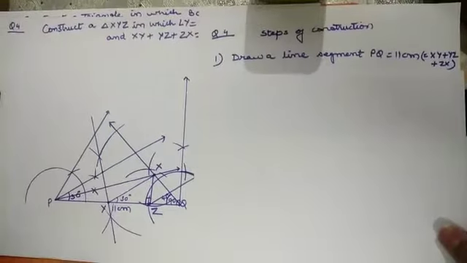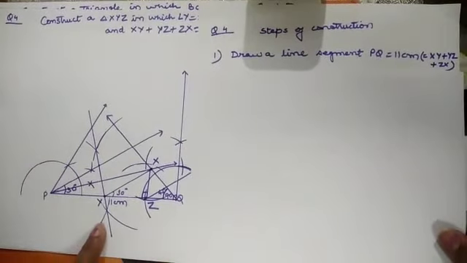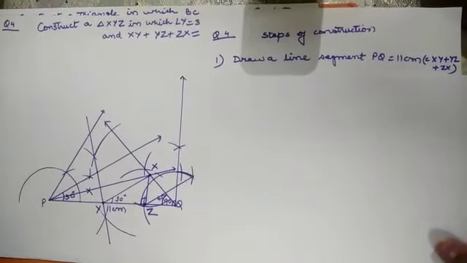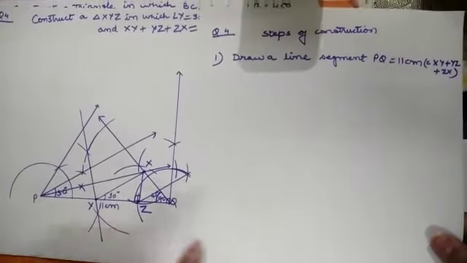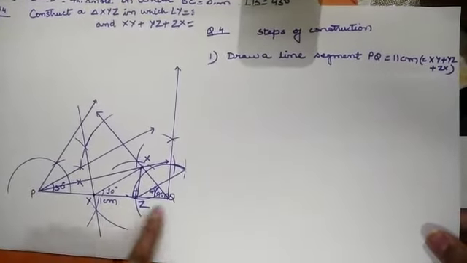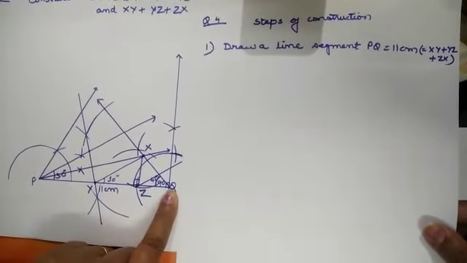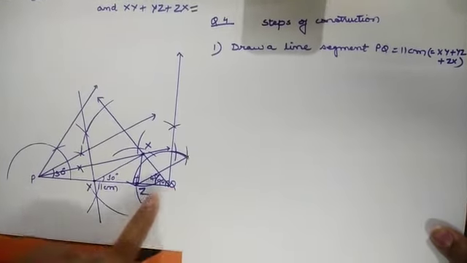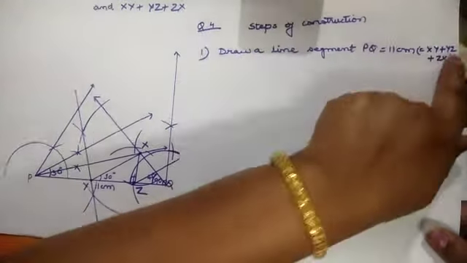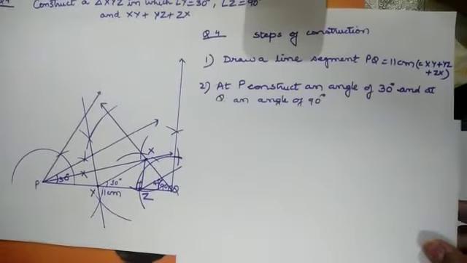Now just to revise this construction where the perimeter of the triangle was given to you, let me just recall all these steps in the form of steps of constructions. Your first step was draw a line segment PQ equal to 11 centimeters. What was that PQ? It was nothing but the perimeter of the required triangle, that is XY plus YZ plus ZX. That was 11 centimeter.